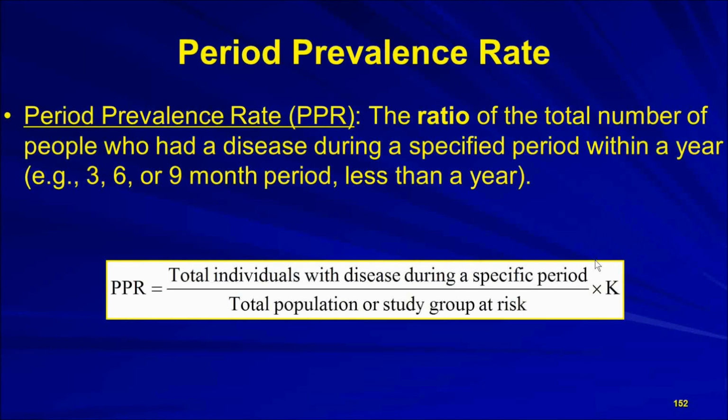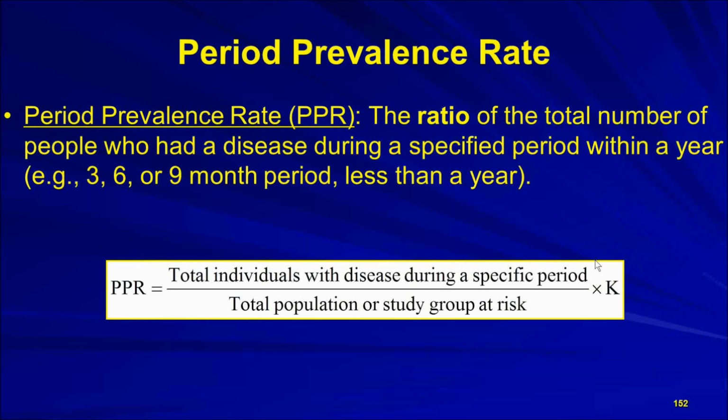Okay, period prevalence has to do with a given time frame that is less than a year. So period prevalence is 3, 6, or 9 months. Those are all examples, and usually we don't have 70 days or something of that nature. We usually have it in months, although it could appear in days, but generally that's not the case.